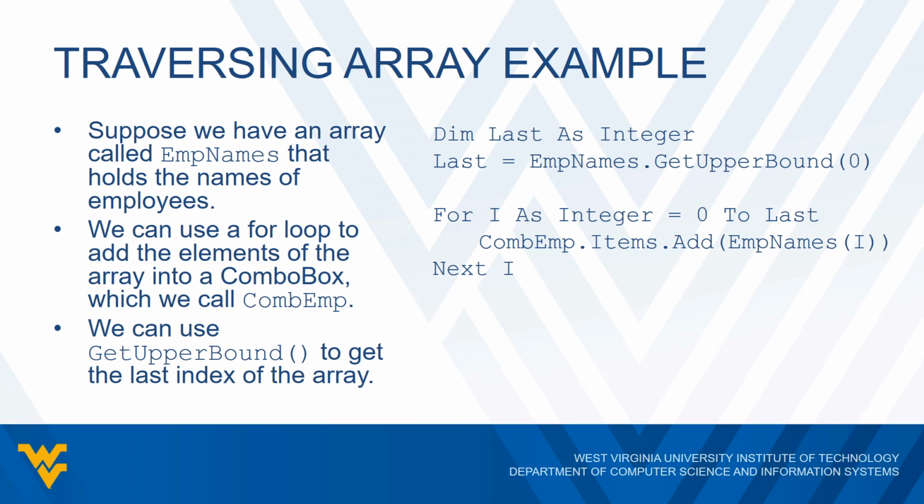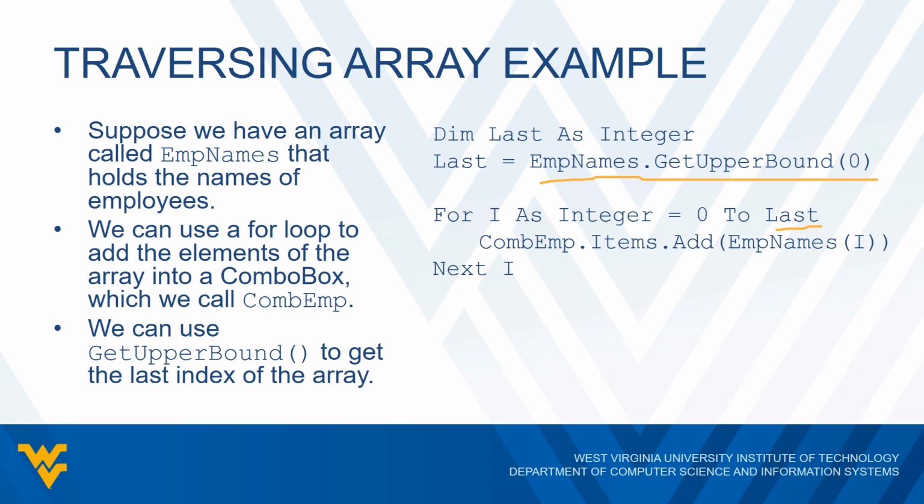So we create a variable called last. That's going to represent our last index of the array. And then we see that we have empNames.getUpperBound right here. So that is going to give us the last element of the array, and we store that into last. And then we can use that in our for loop. So we have for I as integer equals 0 to last. That gives us the last index. And then what we can do is call the add method from compemp.items.